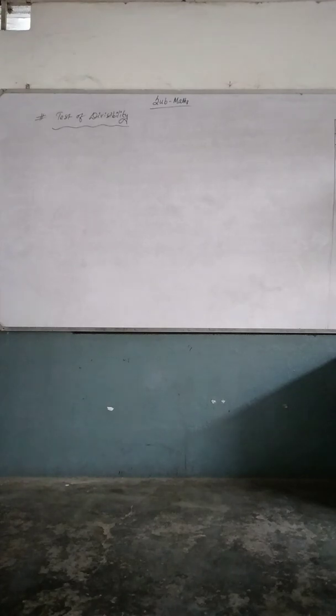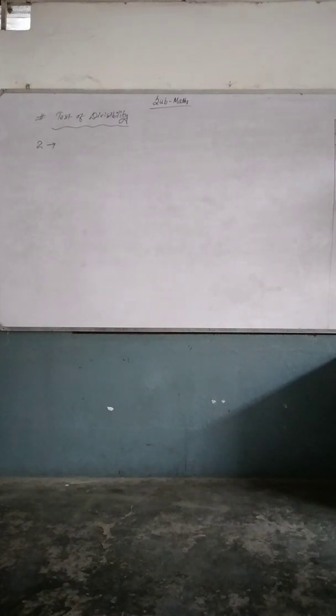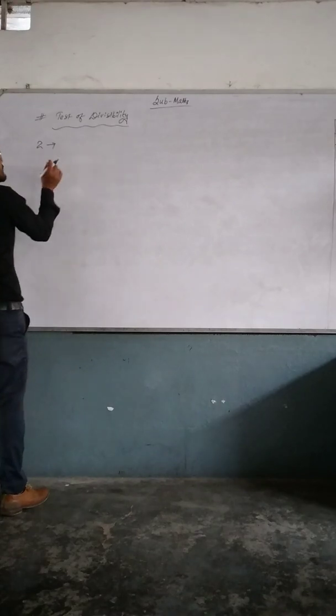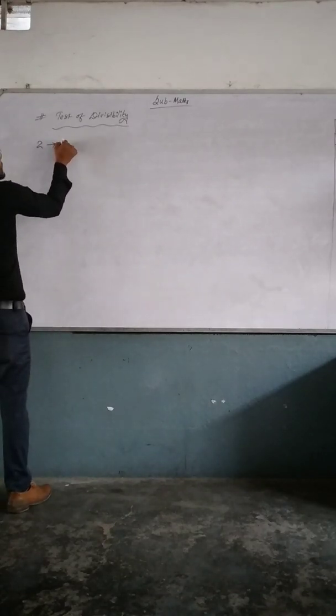So let us start with 2 only. Test of divisibility of 2. Now which number is divisible by 2? For that, see this one. Now to check whether the number is exactly divisible by 2 or not, what should be there?